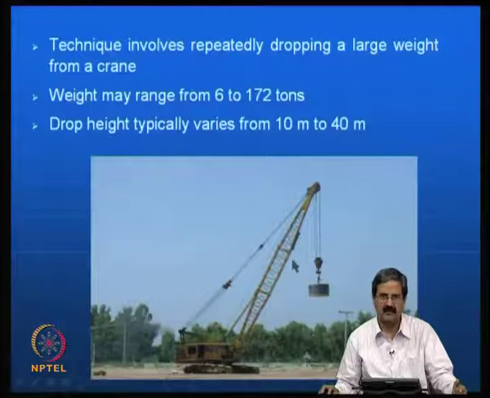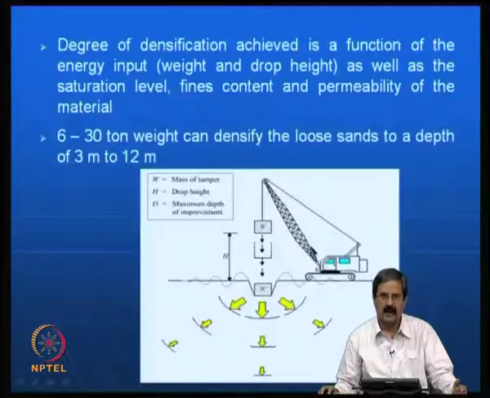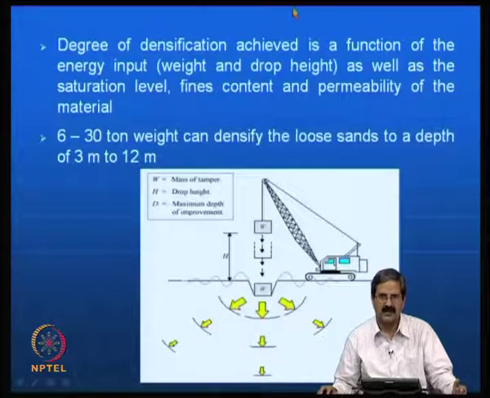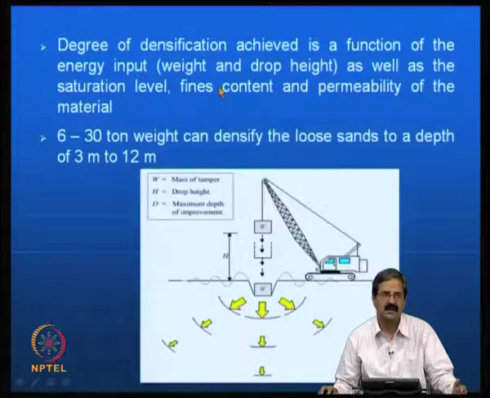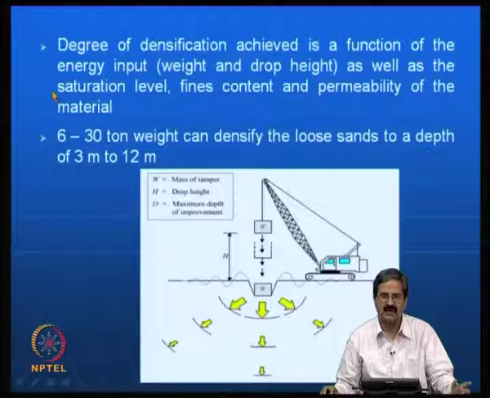Drop height varies typically from 10 to 40 meters. The degree of densification achieved is a function of energy input, like the weight and height of drop. We know that the energy can be calculated in terms of the weight and the height of drop, as well as the saturation level of the soil, fines content and permeability of the soil.